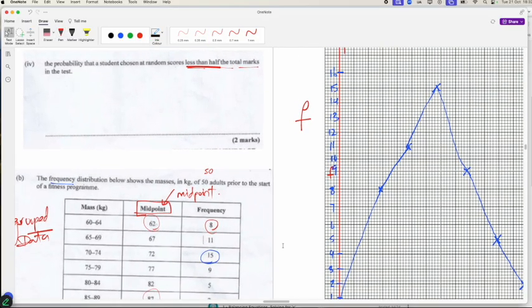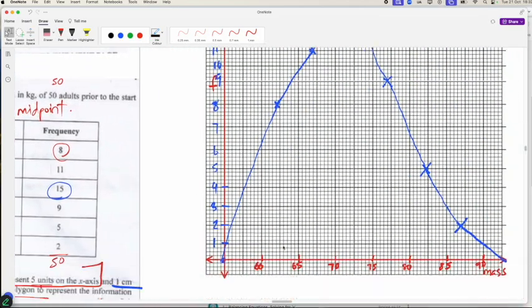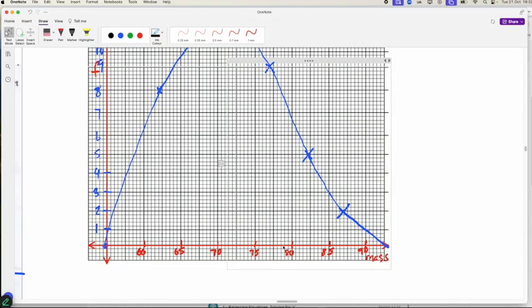If this is 60, this will be 61, this will be 62, 63, 64, and 65. So 60, 61, this is 62 here, and 62 going up, plotting against 8. And that is pretty much it.